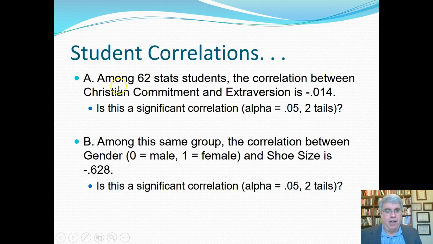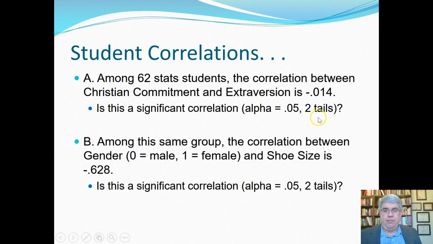So I did a study where I measured Christian commitment and a few other variables. Here I compared Christian commitment to extraversion. It's minus 0.014. So the question is: is this a significant correlation using alpha equals 0.05, two tails?